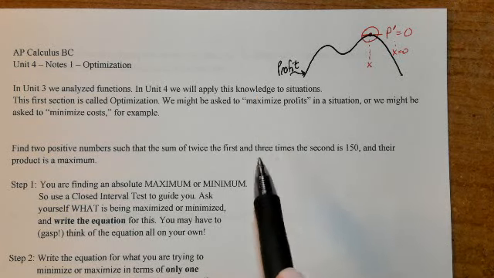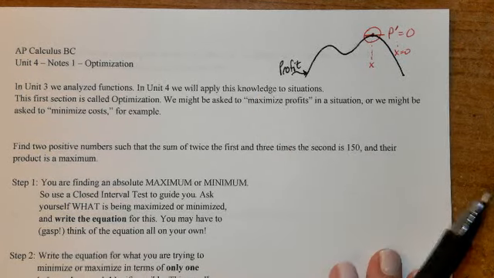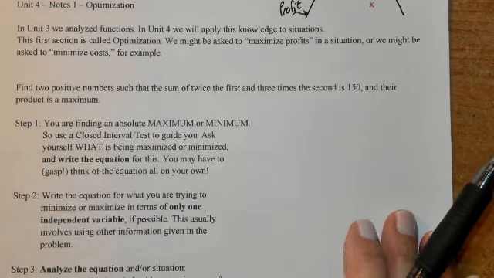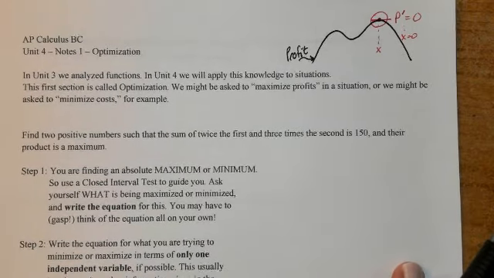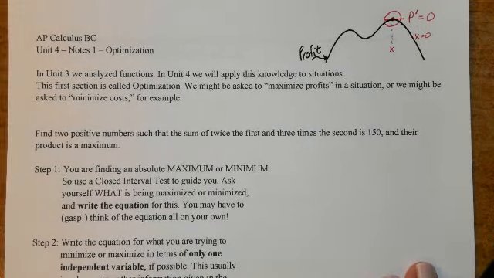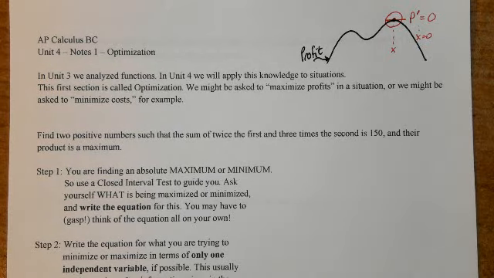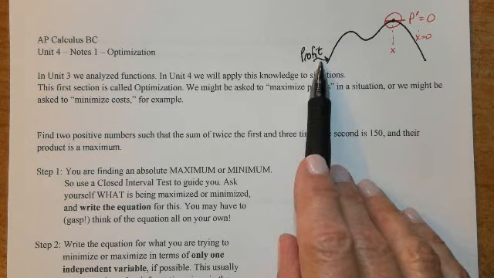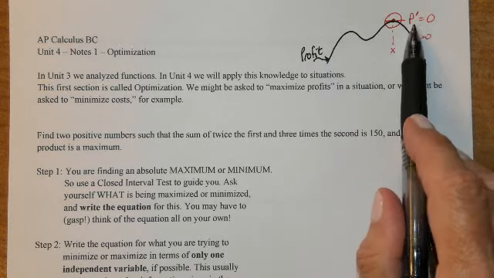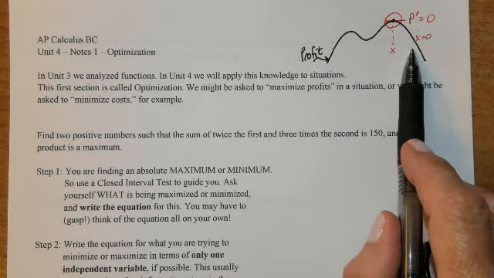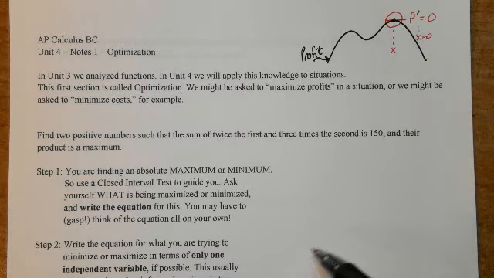In general, those are the steps. Now, I have some really drawn out steps here, because some of you need all of the bells and whistles, all of the details. But for those of you who just want to cut to the chase: find the equation, take the derivative, set it equal to 0, solve for x, or whatever your independent variable is.